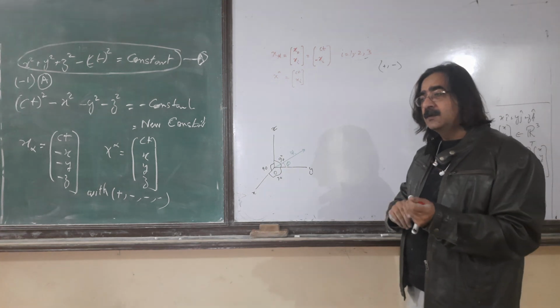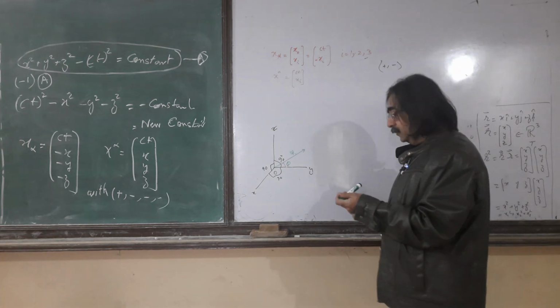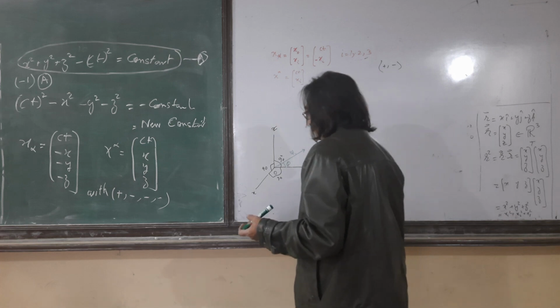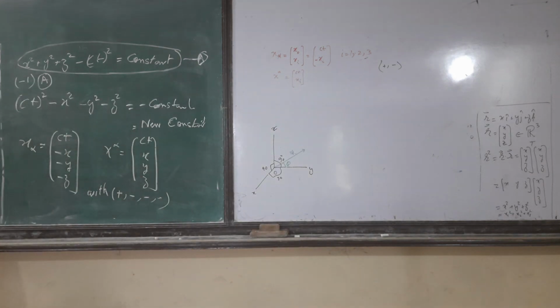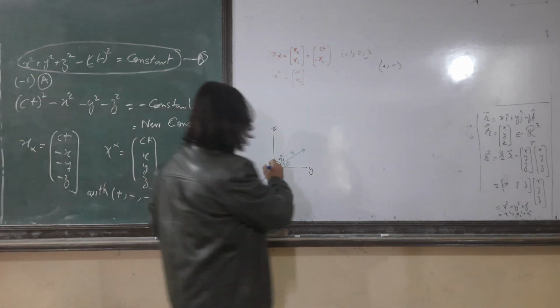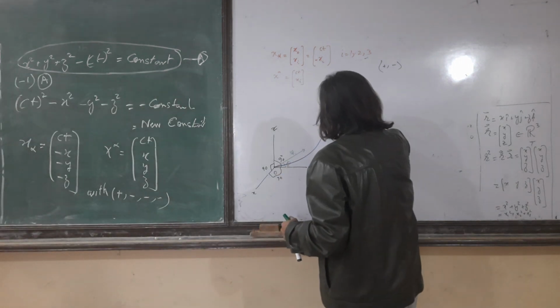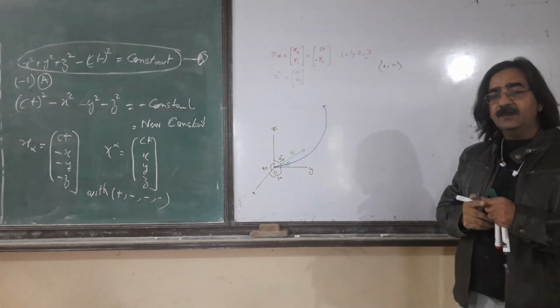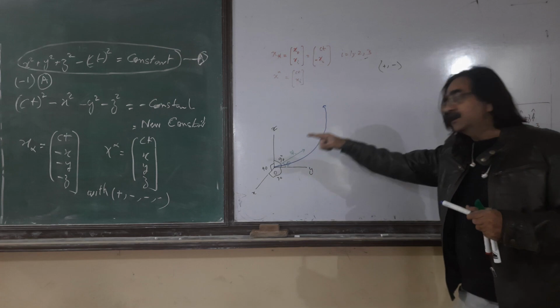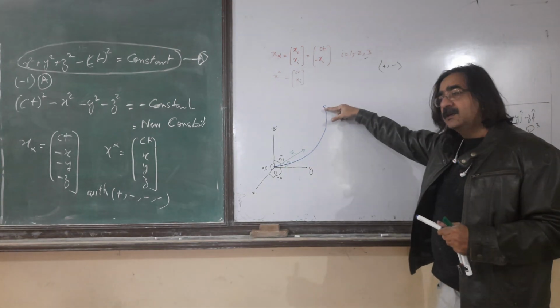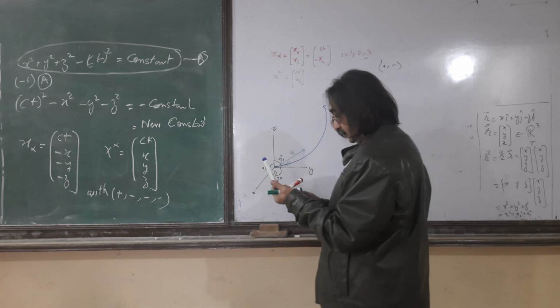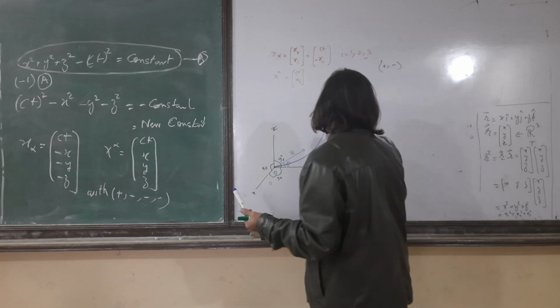In the notation case we have studied that if it moves toward this, it will be a translational transformation. If we are changing the origin, if you move from O to O prime.